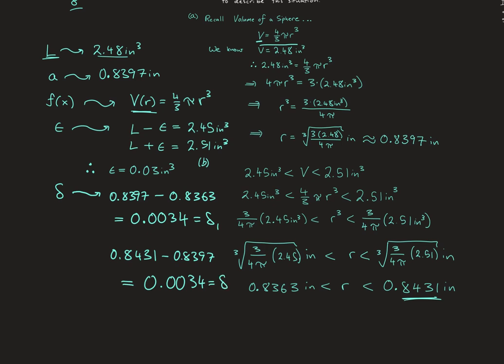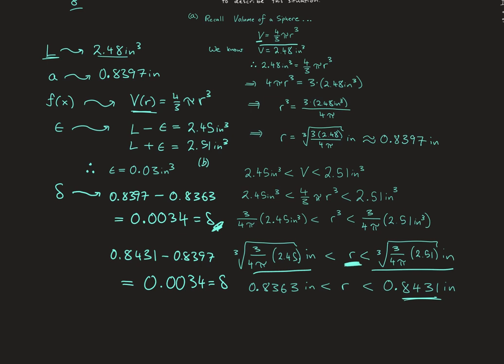I don't need to call this delta 1. There's only one because of how we rounded. We should also be careful about rounding: we should round this one up and this one down because we don't want to accidentally allow R to escape.